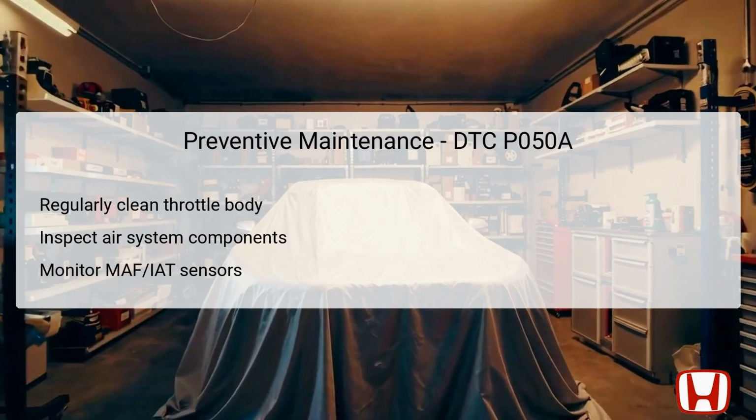It's advisable to establish a schedule for checking the MAF and IAT sensors for proper operation, as these are vital for engine efficiency. By being proactive, vehicle owners can avoid the inconvenience and potential costs associated with unexpected repairs, leading to longer vehicle longevity and reliability.